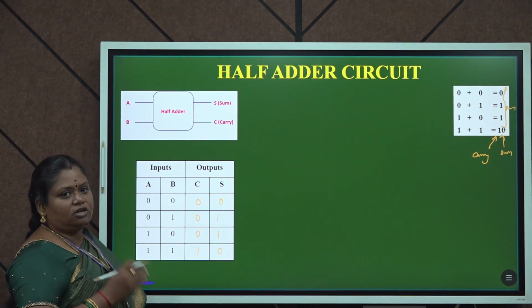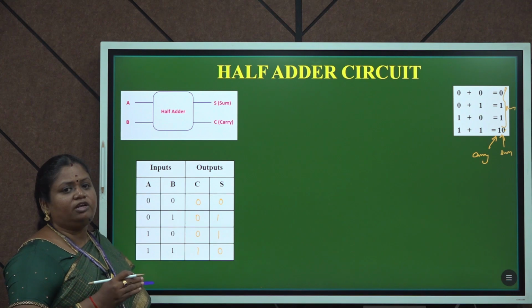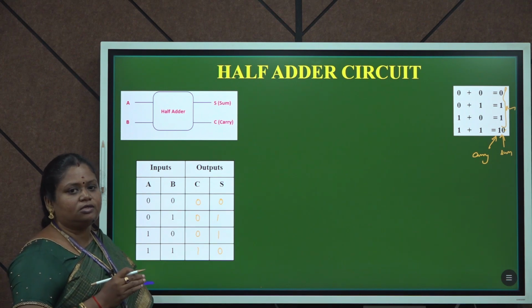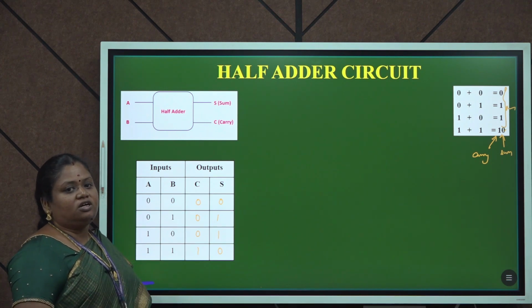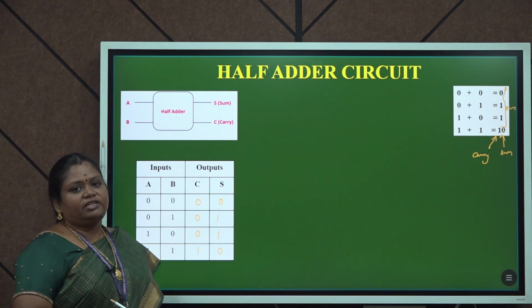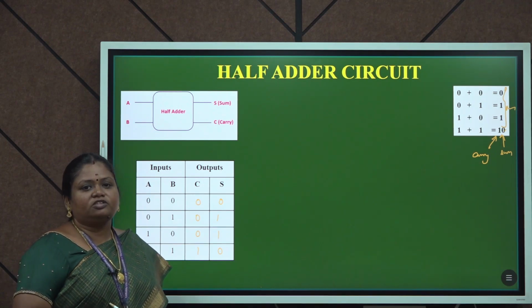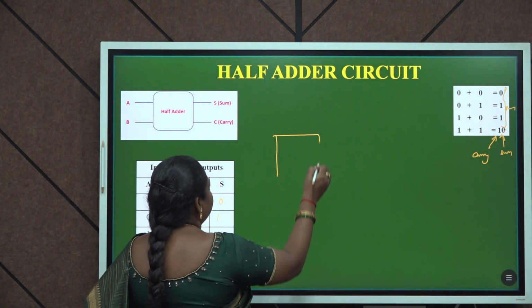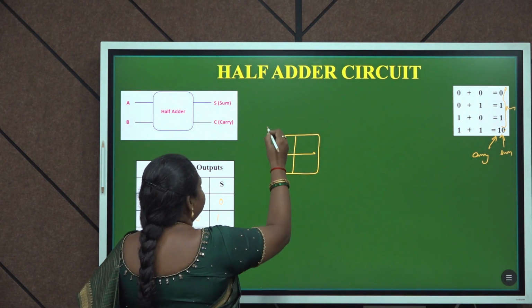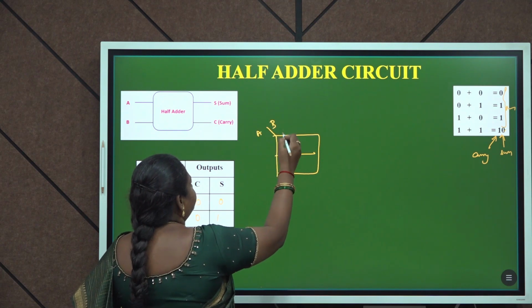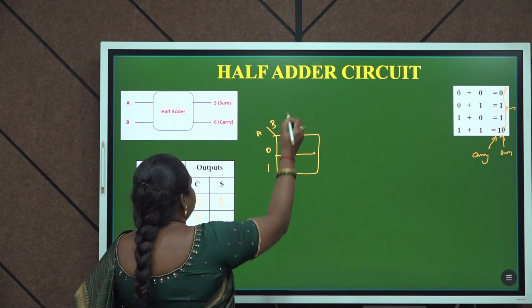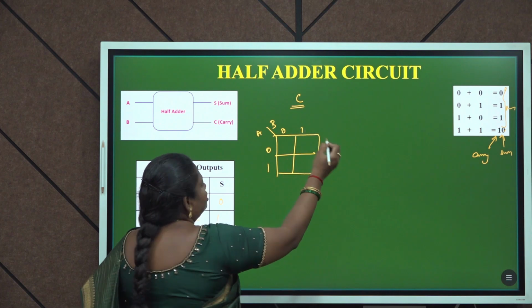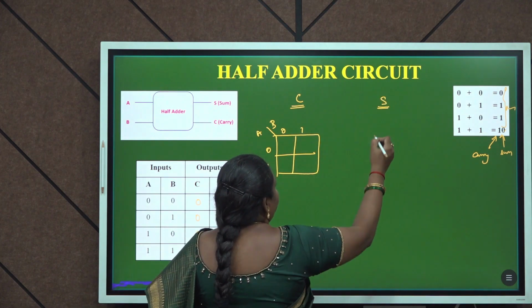Now, for gate level modeling, we have to have a combinational logic circuit to derive the Verilog code. In order to get the expression, we are going to use the simplification rule using K-map. Here the input is 2, so I am using a 2 variable K-map with A and B. I am going to find out the expression for carry, and the similar process I am going to execute for my sum.